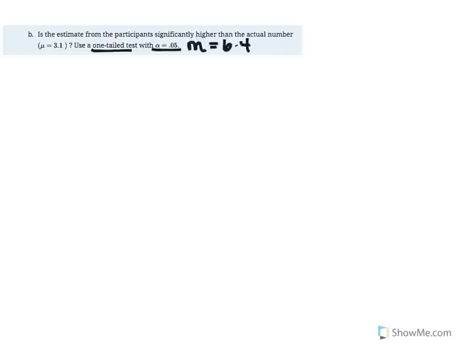And now what we're saying in terms of our hypothesis is that we anticipate that the individuals are going to overestimate what the actual number is.